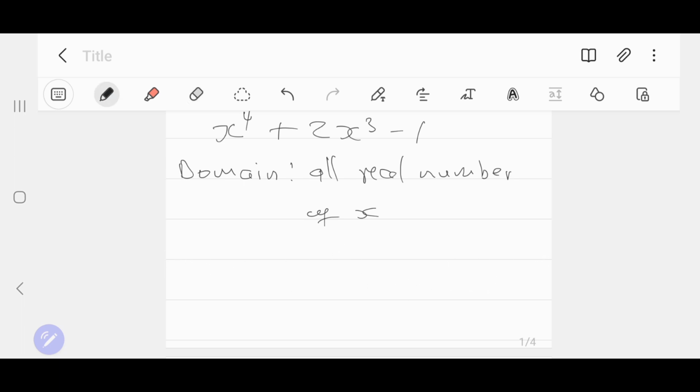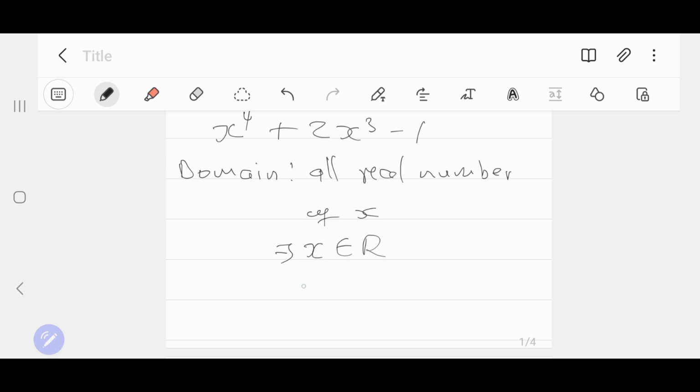So how do you write it? Because people want it in different forms. You can write it in this manner: x is an element of real numbers. But the question may state that you must write it in an interval manner.